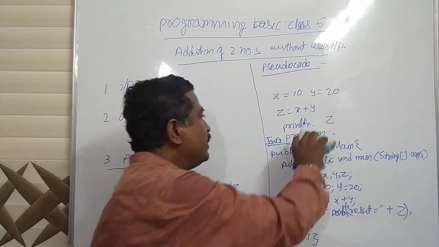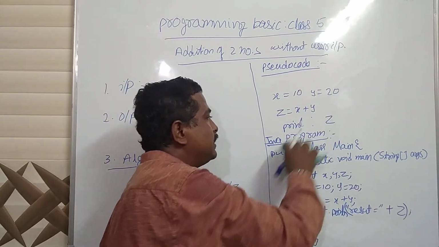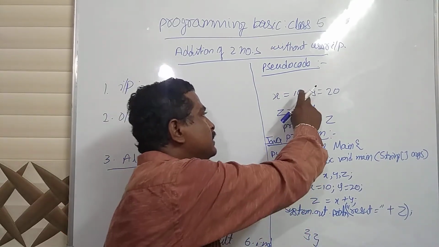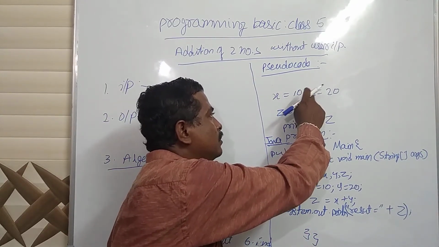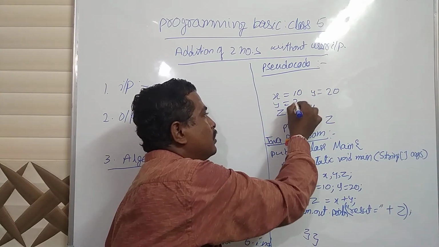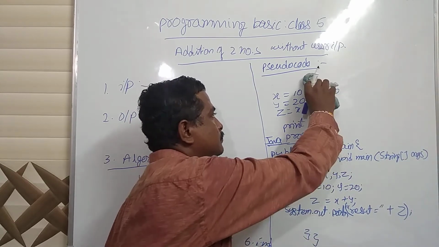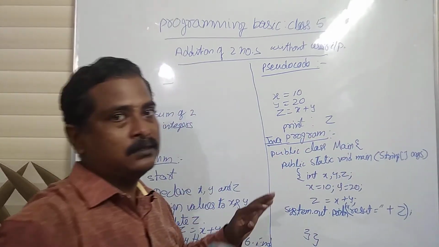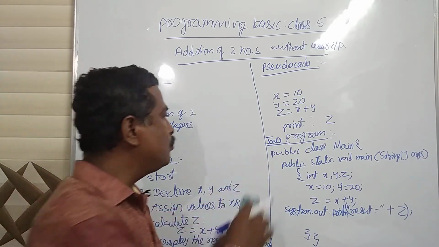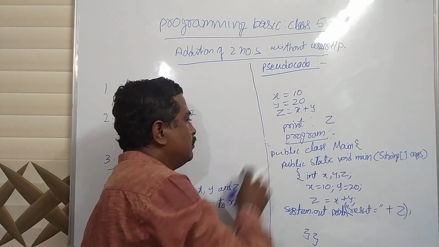Okay, for printing purpose we are using print. That's it. Since there is no semicolon here, you can't write in one line, you have to write in two lines. See, concept is not changed, algorithm is not changed, only the main code will be changed.